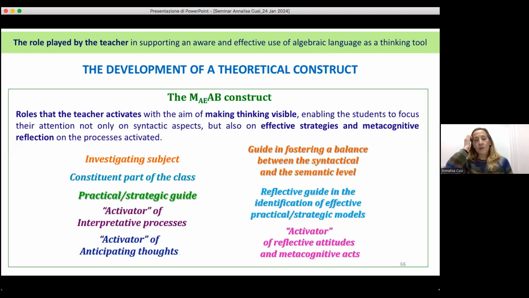The aim of the concept was to introduce the roles that the teacher activates to make thinking visible, to play the role of model for students, but also to support them in developing reflections at the metacognitive level, not only on the strategies carried out to solve problems during classroom activities, but also on the learning processes themselves. And I'm going to present these roles by analyzing an excerpt from a classroom discussion.